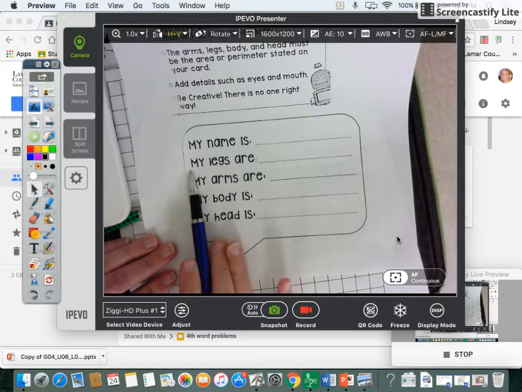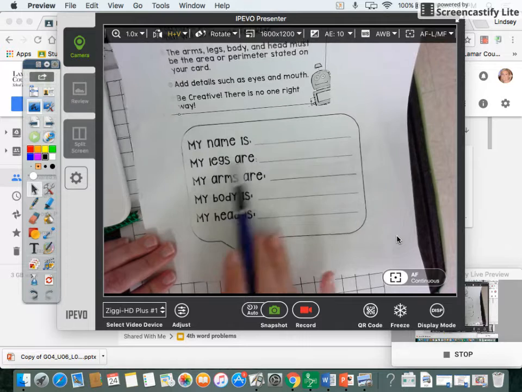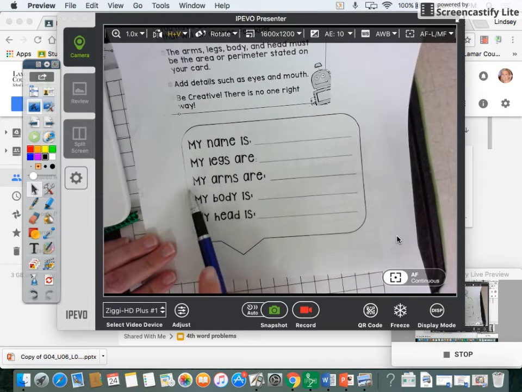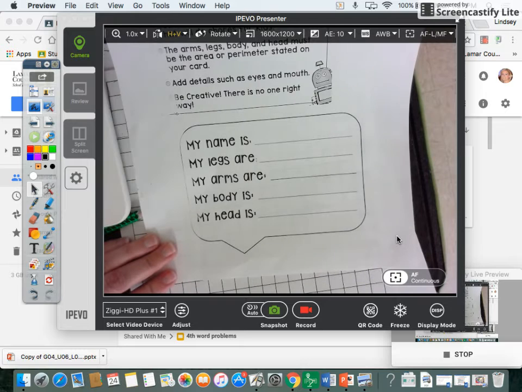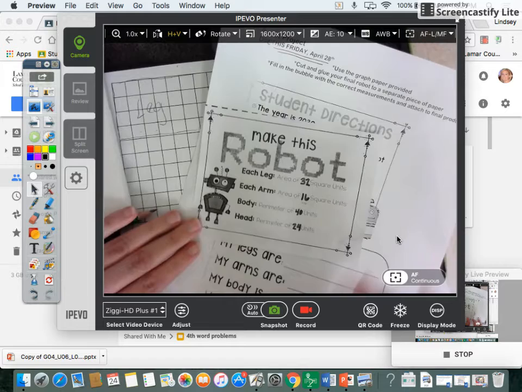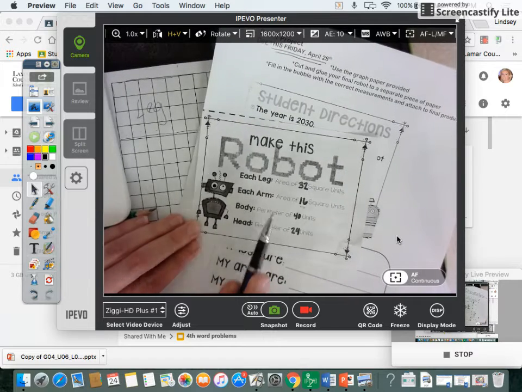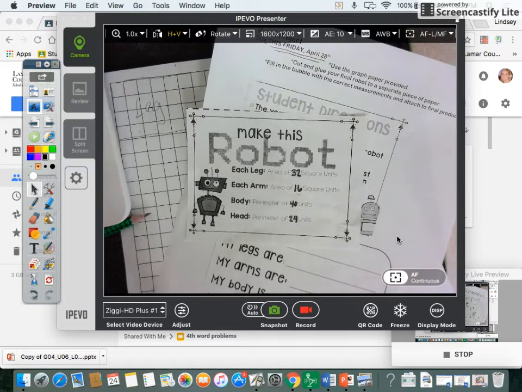You're going to tell me my legs are however many square units, or however many units if it's just perimeter, how long your arms are, your body, and your head. And then you're going to add the eyes and the mouth and the nose, and you can be as creative as you want to. And you're going to glue this onto your sheet of paper as well. On the back, I want you to include this sheet here on the back of your robot. Just glue this sheet so that I will know exactly what your robot was supposed to be, and that way I can check it very easily.